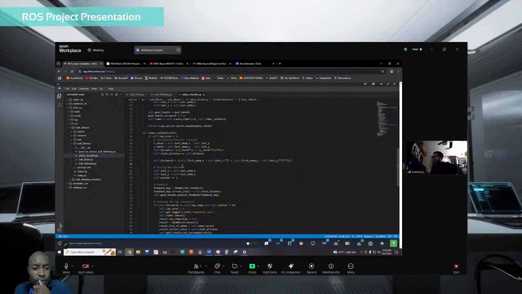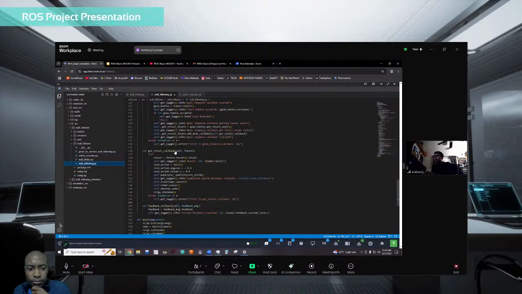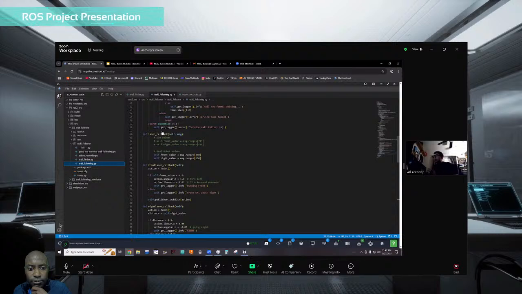Your action is the one that's supposed to be responsible for carrying out the wall following, right? That's where your control logic is supposed to be for the whole wall following instance. The way I understood it, it was all supposed to be in this client callback, all under one.